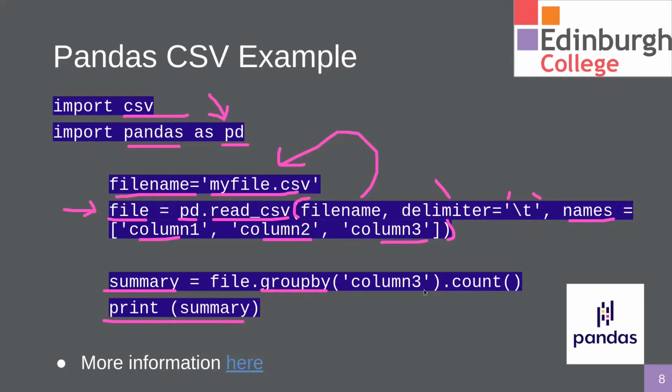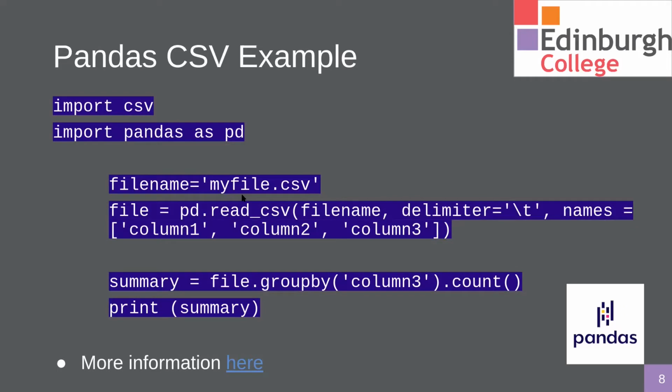So in this case, we're going to count the values in column 3 using the count function there, passing in column 3 after having used the groupby function, okay, on the file variable, and passing that to a variable called summary, and then printing out summary. So a lot of squiggles on the screen there. Let me just clear those off. It looks a bit like someone's drawn all over it with a pencil.